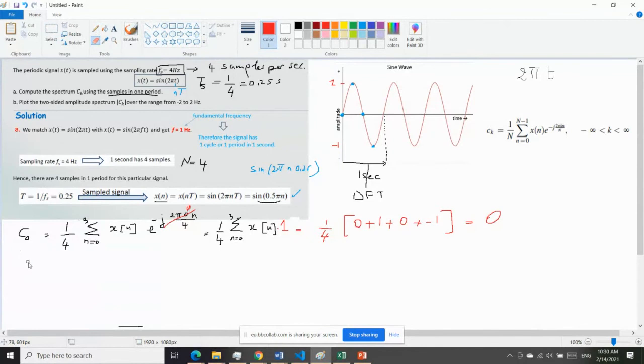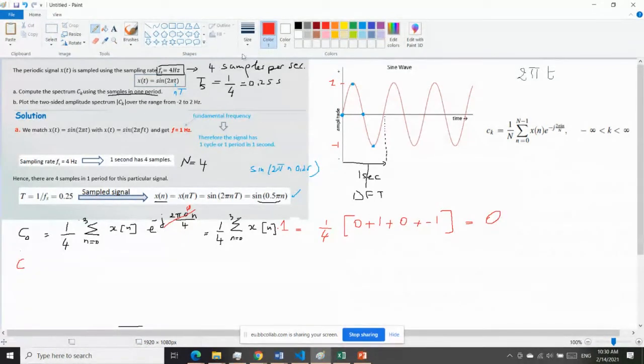Okay, C1. So k is 1. It's not clear, right? Very small.